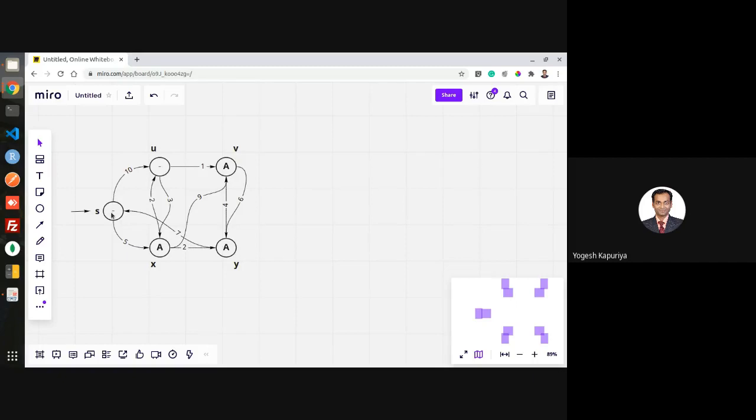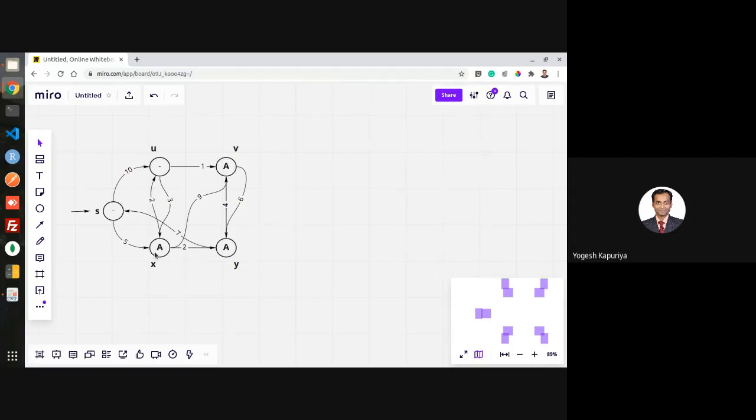So my objective is to find the path from S to U, S to X, S to V, S to Y, right? There are no negative weights in the graph, because Dijkstra's algorithm will not work properly, or will not terminate, when you have negative weights. So basically Dijkstra's algorithm will not work for negative weights.